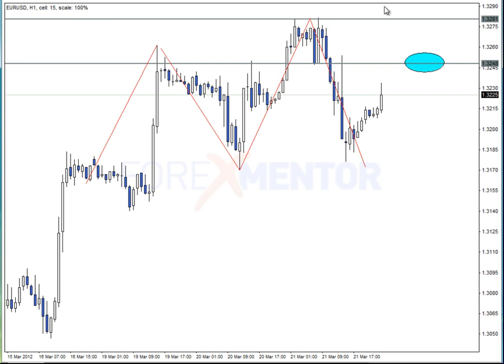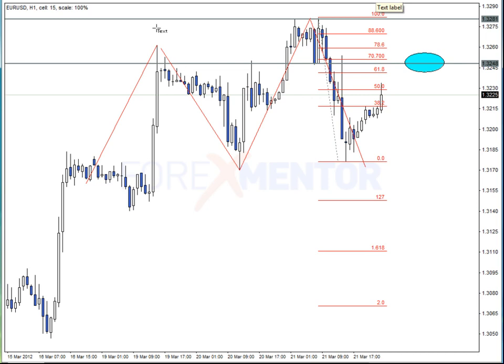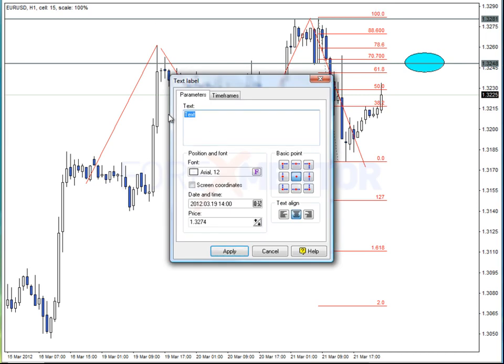If we drop a fib from the high down to the low, just see where we are in terms of retracements. So what we have here at the moment is a potential left shoulder.